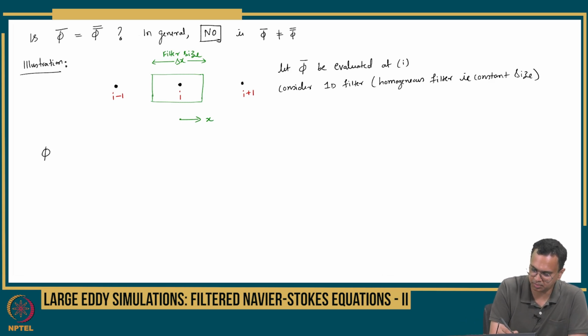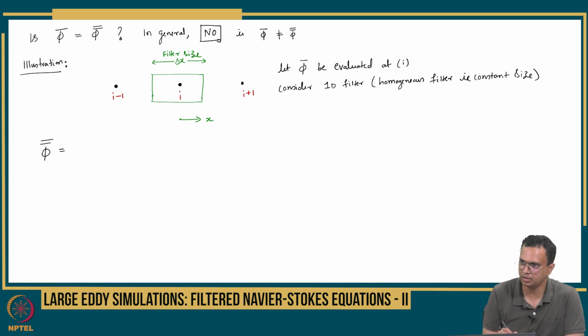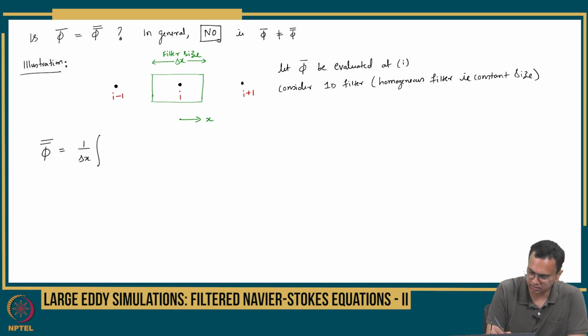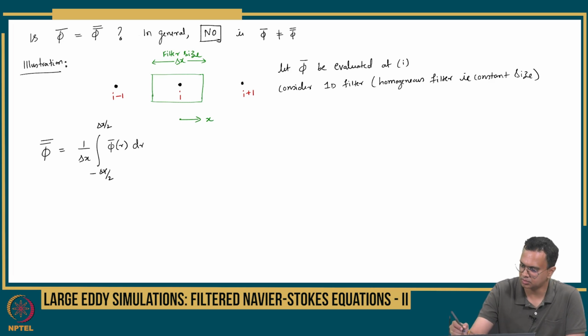So phi double bar will be the 1D filtering operation, which is 1 by delta x times the integral from minus delta x by 2 to delta x by 2 of phi bar of r dr, where r is a spatial variable.